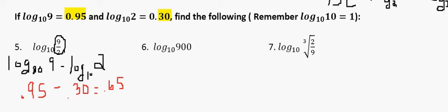So now let's take a look at number 6. Log base 10 of 900. Okay, this one's going to be a little bit tricky. We're going to have to use a little bit of work. What we want to do is we want to go ahead and try to express 900 in terms of 9, 2, and 10.